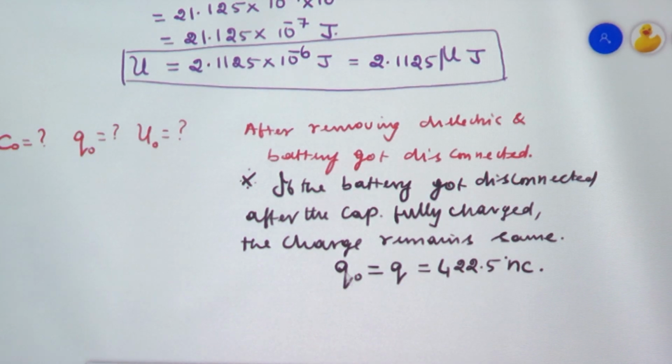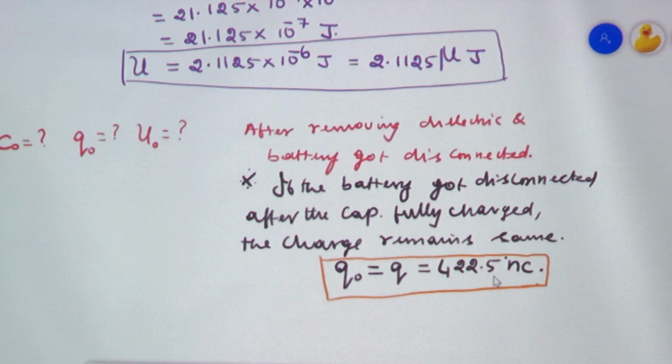So this we are considering as the answer for the second part. What is the charge stored in the capacitor after the removal of dielectric? Okay. Let us move on to the first one.